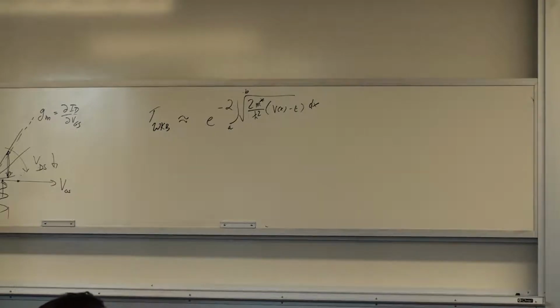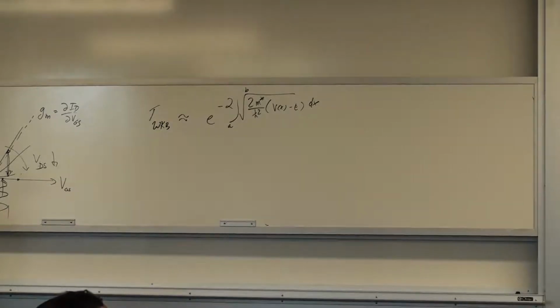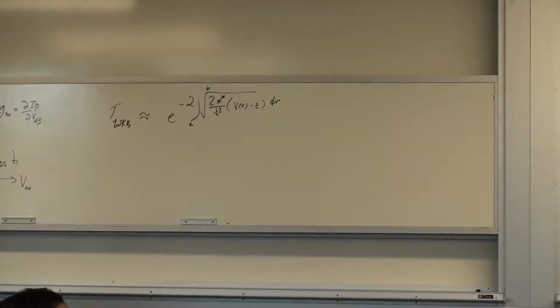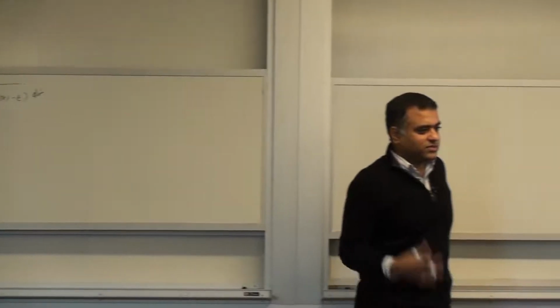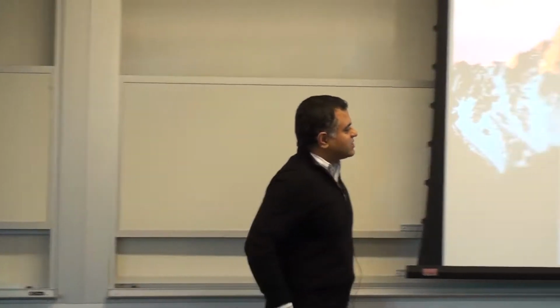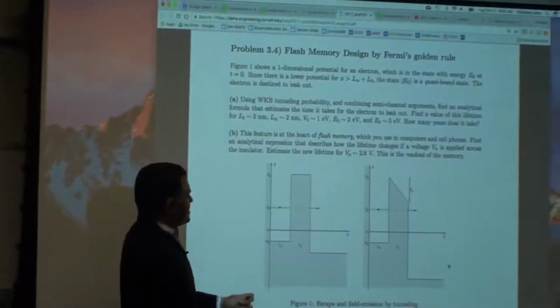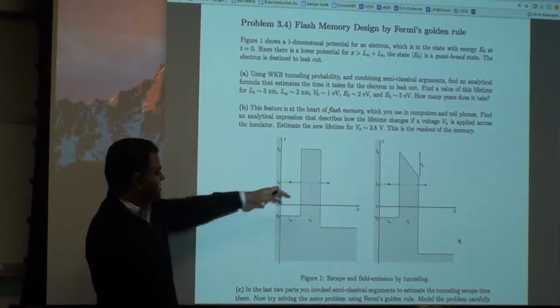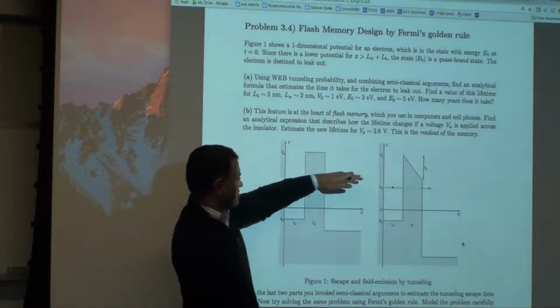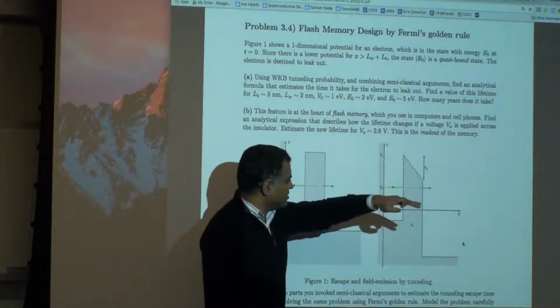So this probability will change by a huge amount with a small voltage, meaning basically 10 to the power of a large number, like 20. Effectively you can change things so that something occurring in nanoseconds or milliseconds or even seconds becomes many years.